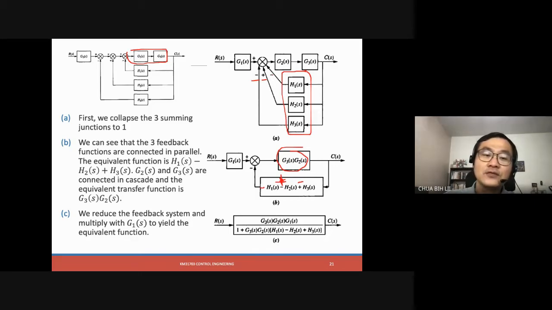So if we intend to assign a minus sign over here, then we have to use the plus minus plus. If we intend to use a positive sign over here, then we just have to use minus plus minus over here. So is it clear over here?